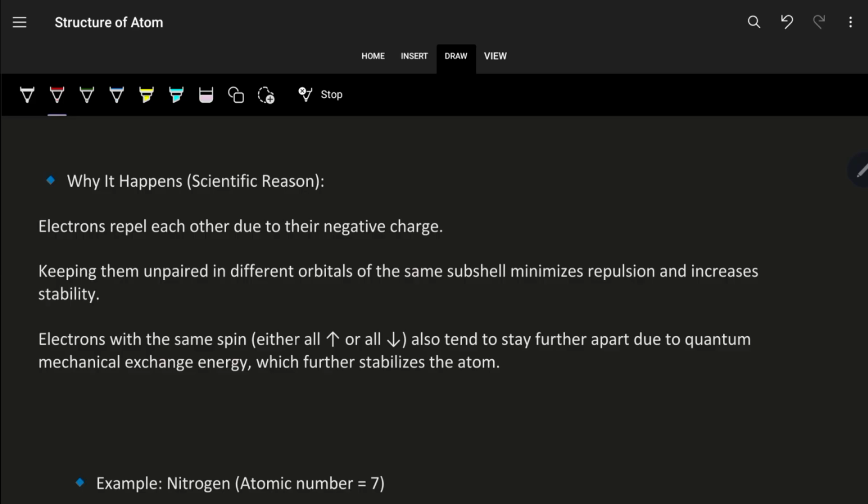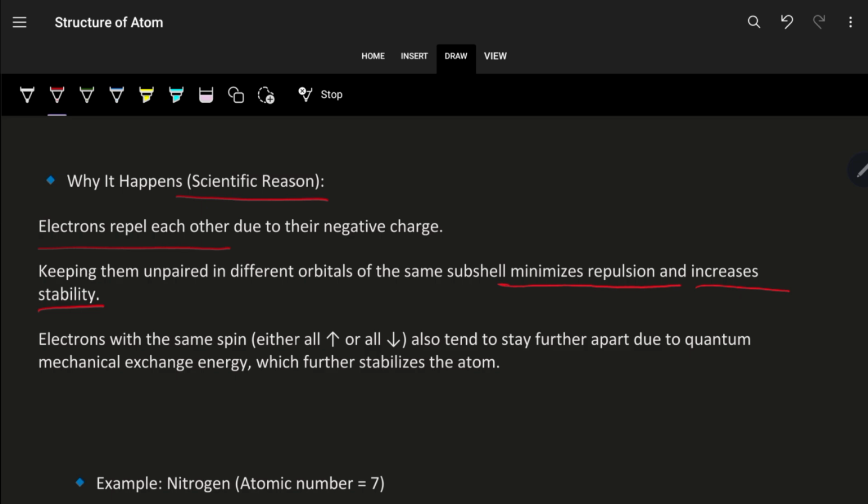Electrons are negatively charged. They repel each other. Keeping them unpaired in different orbitals of the same subshell minimizes the repulsion and increases the stability. That is the reason why this is happening. That is the scientific reason. We should know why it is happening.